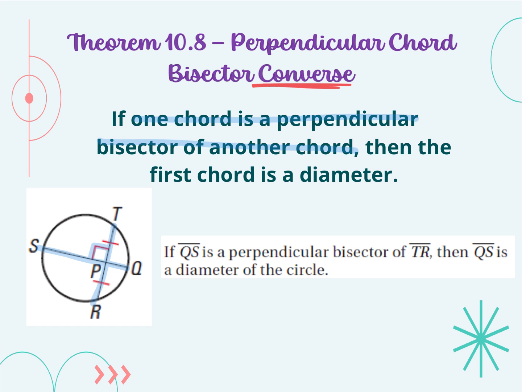I'm showing you that this right here is my diameter. So looking at it, if QS is a perpendicular bisector to TR, then QS is the diameter of the circle.